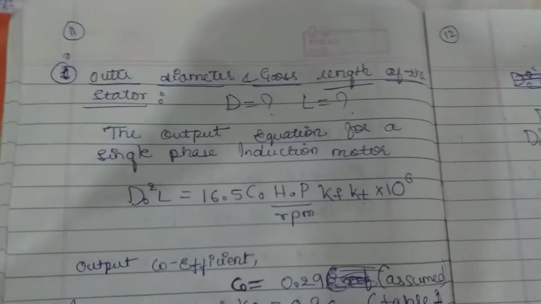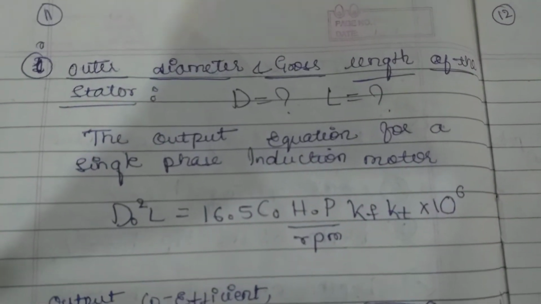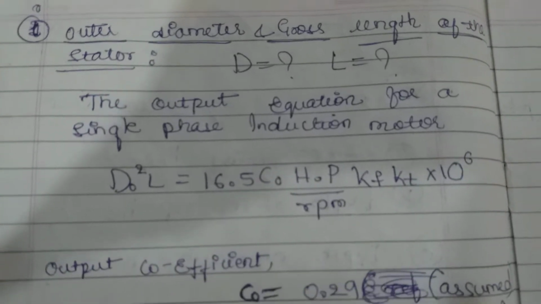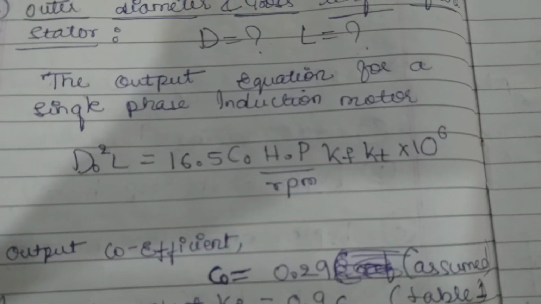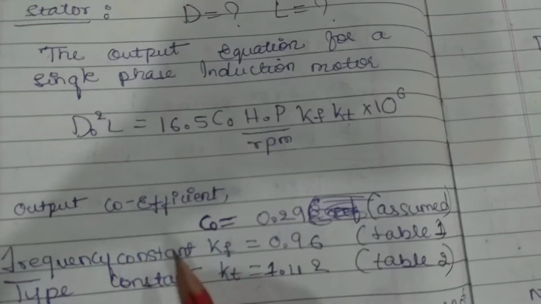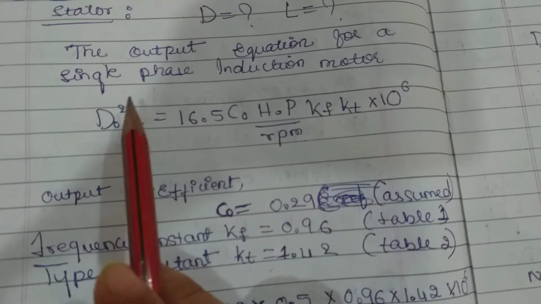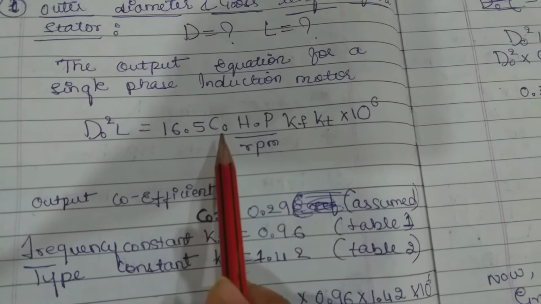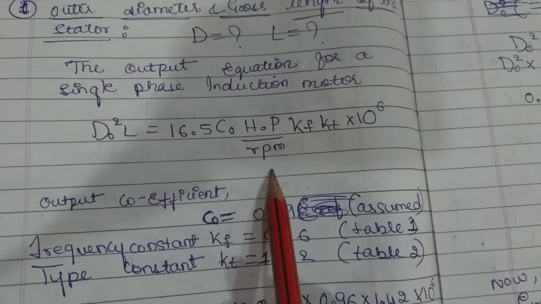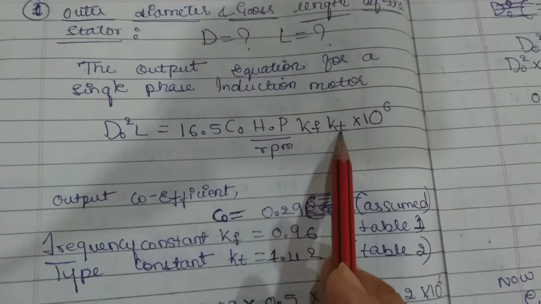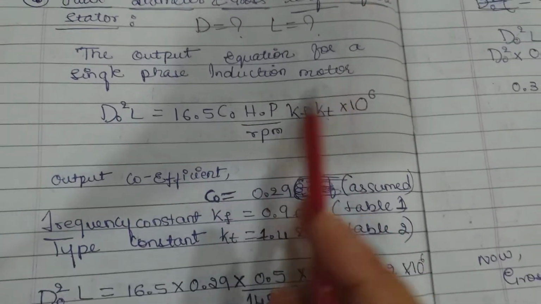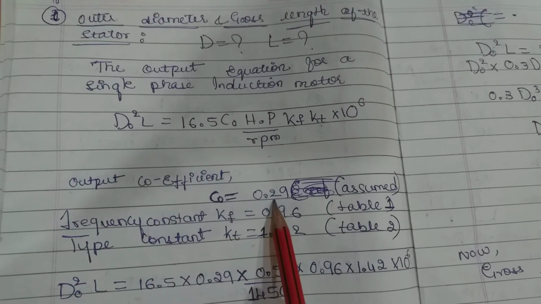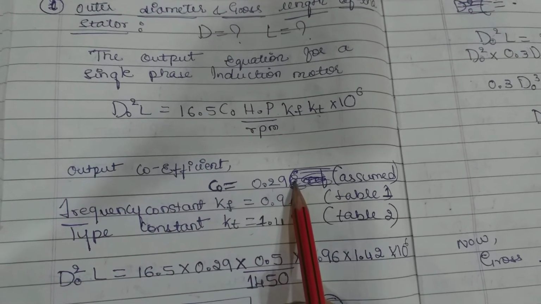Now what is our first aim? Our first aim is to calculate the diameter D and length L of the stator. To calculate them, we can use this formula: D0 square L is equal to 16.5 C0 HP divided by RPM KF KT into 10 raised to 6. Here C0 is the output coefficient which is assumed as 0.29.